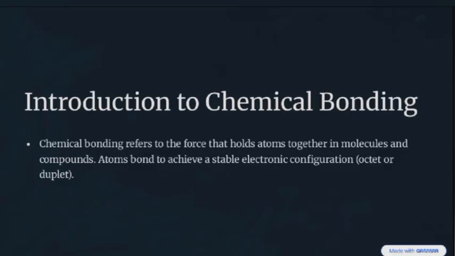So those guys have a stable electronic configuration. That is, their outermost shell is completely filled. That's one characteristic of the elements in group 18 or group 8B: they have complete electrons in their outermost shell.